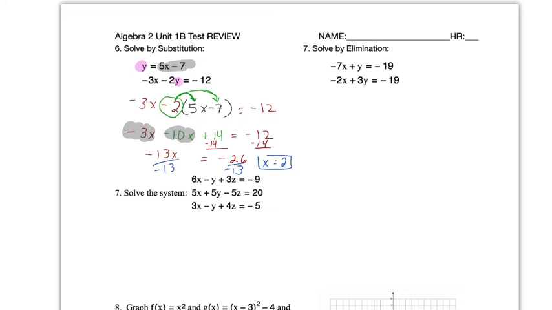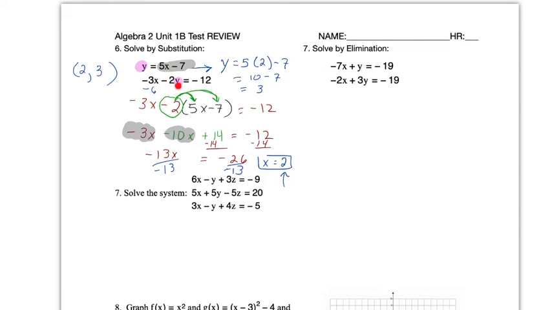Now don't forget, you got to go up and find y, but we got this beautiful equation right here. It says y is 5 times x minus 7. So y is 5 times 2 minus 7, or 10 minus 7, or 3. Solution for this guy, x is 2, y is 3. Now don't be shy about checking in this. If I put a 2 in for x, that's -6.